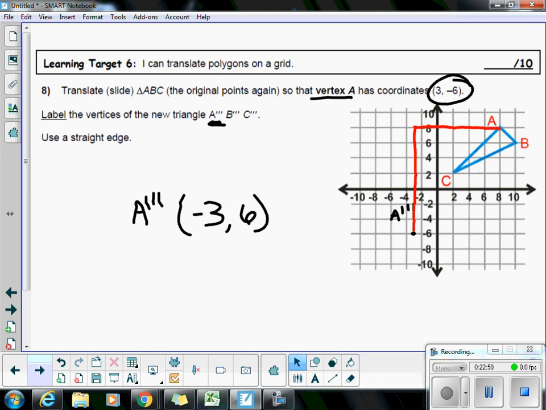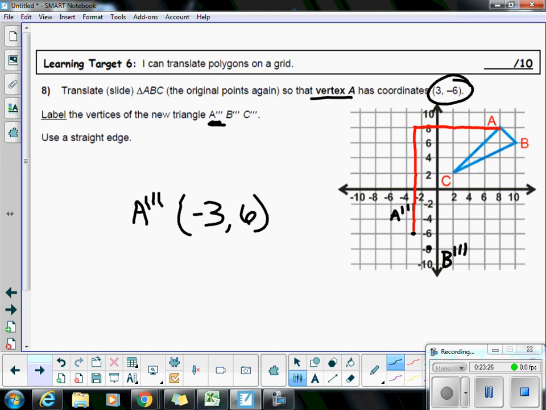So I went left 5.5 boxes and then down 7 boxes. So I'm going to move the rest of my points in the same way. So part B, I go left 1, 2, 3, 4, 5.5 boxes, and down, what did we say, 7? So there's my new B point, so B triple prime.